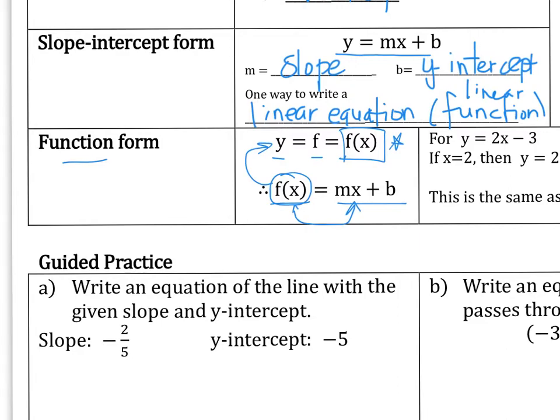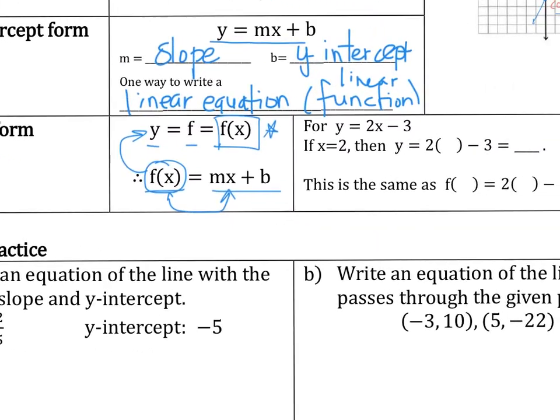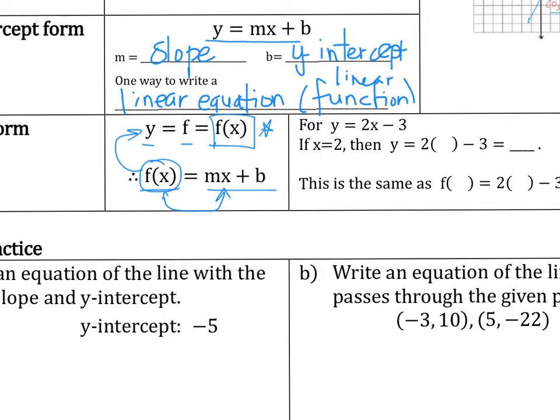So if we look at an example to the right, for y equals 2x minus 3, if I let x equal 2, this is random, just pick a random x value, then we can substitute in x for 2. y equals 2 times 2 minus 3, and we get 1.